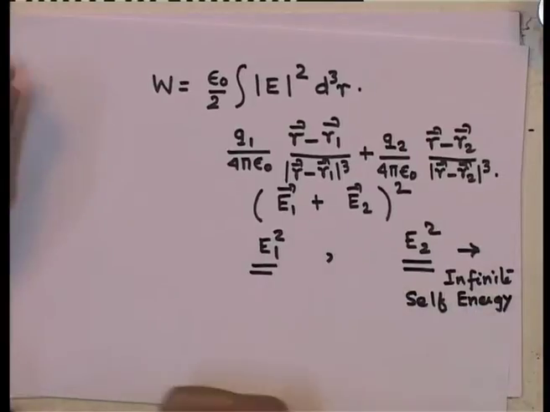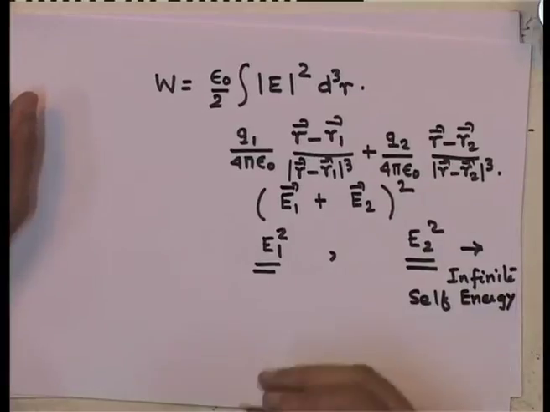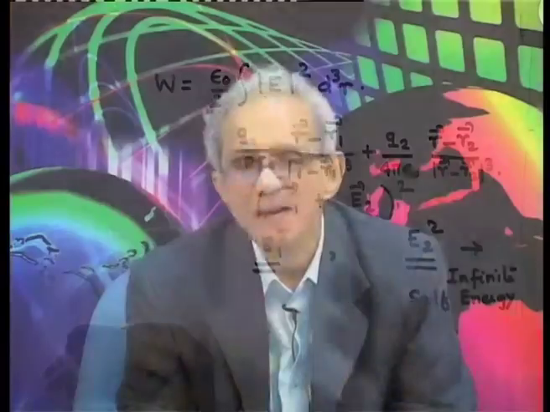It is the cross term which, if you calculate it properly, will give you the interaction energy of the two charges that we calculated before. So, the difference between the two methods is due to the fact that there is an infinite contribution to the self energy, which is neglected in our first method of calculating energy due to discrete charges. We will continue with this comment, a little more elaborately, and do this calculation next time.